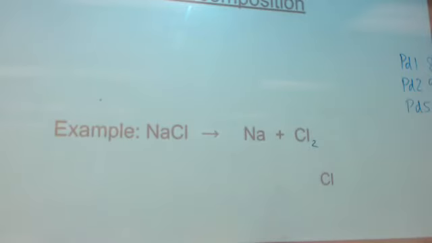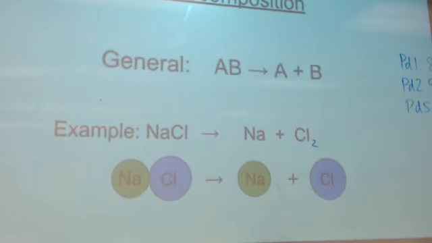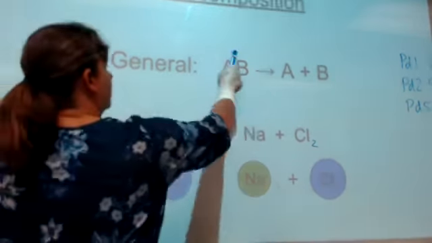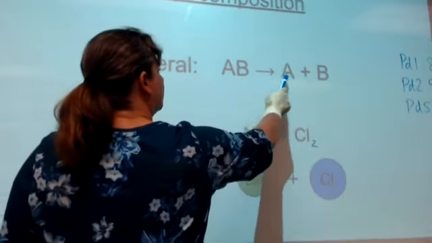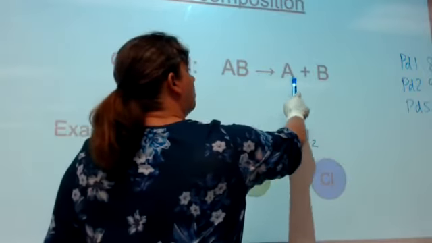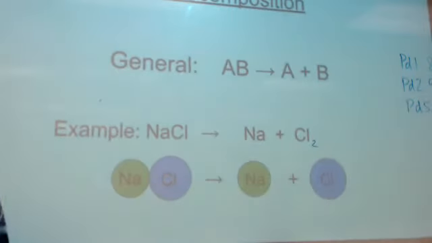So that's a picture of what's happening there. So the general form here is AB produces A plus B. So in other words, a single thing breaks apart into two or more products.